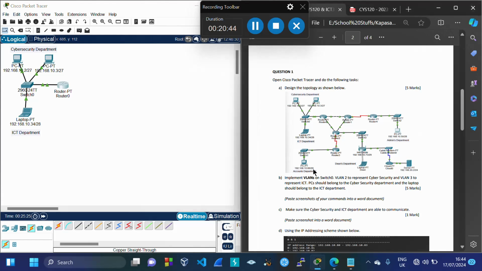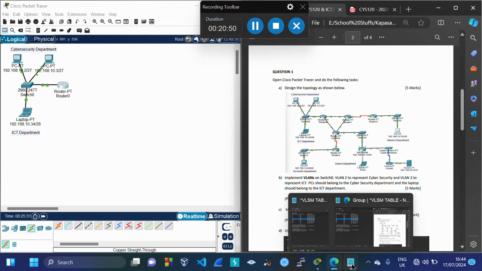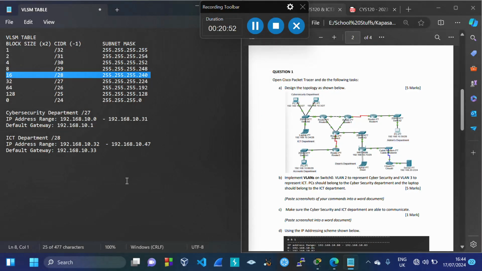So now we can start following the question. The question was saying implement VLANs on switch 0. I'll be writing the commands using my notepad. So this is question B, by the way.